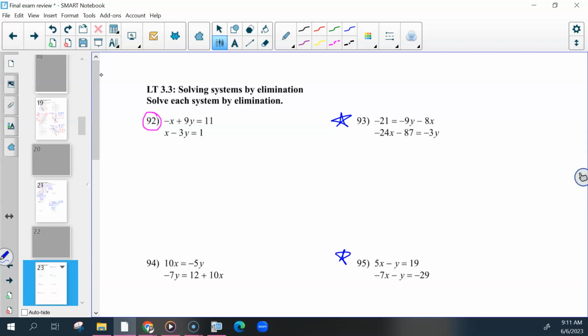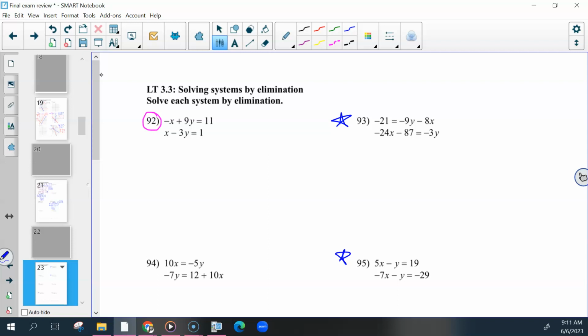Which one do we want to do? First like the second, second like the first. The first like the second.